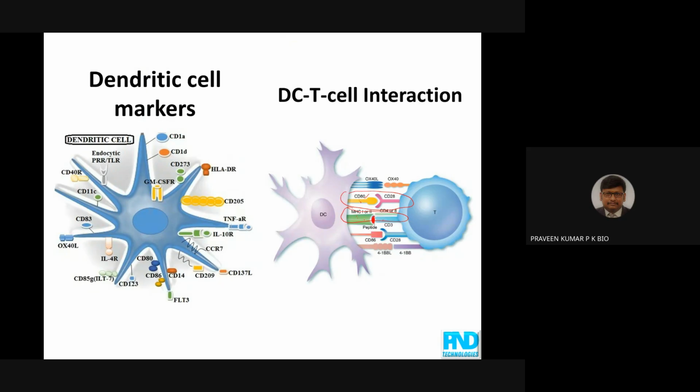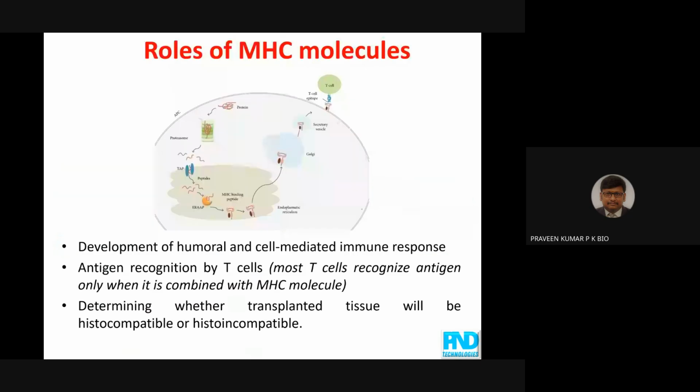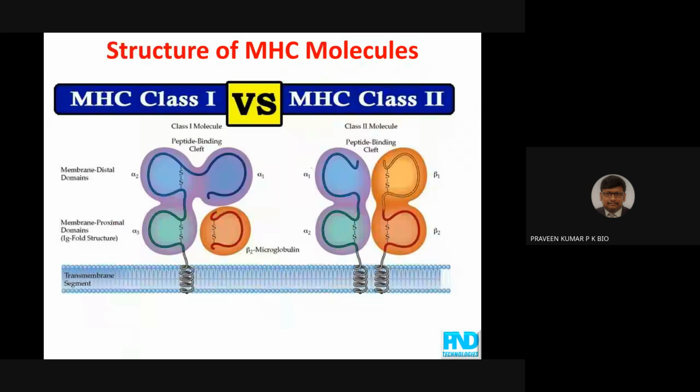Obviously, whatever is expressed on the APC is going to interact with the T cells. And we have seen this as the MHC1 antigen processing and presentation pathway. This is for MHC1. Similarly, we also have it for MHC2, and structures of MHC1 and MHC2.